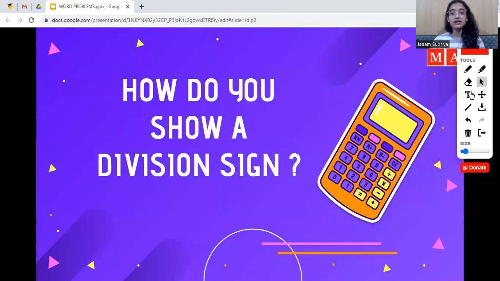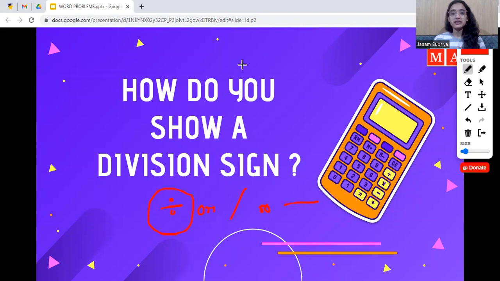How do you show a division sign? We have discussed this previously also. A division sign is represented by a dot, then a dash, and a dot below it. Or we also represent it with a slash or a dash.